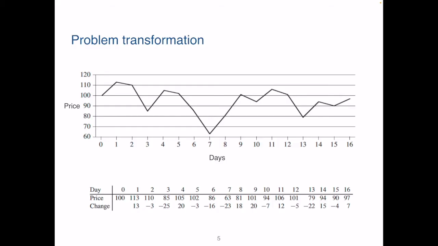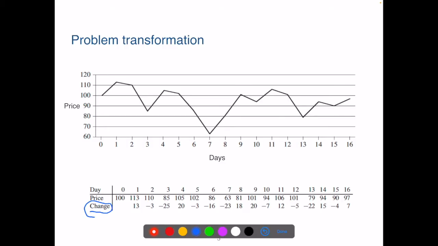We want to find a sequence of days over which the net change from the first day to the last is maximum. Instead of looking at the daily prices, let's instead consider the daily change in price. In this table, we show the daily price as well as the change of each day compared with its preceding day. Now we want to find the non-empty contiguous subarray whose values have the largest sum.